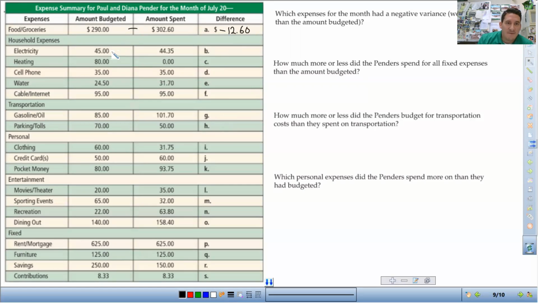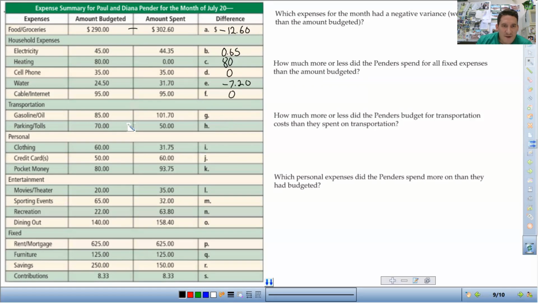All right, 45 minus 44.35, that's a positive 65 cents. 80 minus 0, that's a positive 80. 35 minus 35 is 0. 24.50 minus 31.70, that is a negative $7.20. 95 minus 95 is 0.